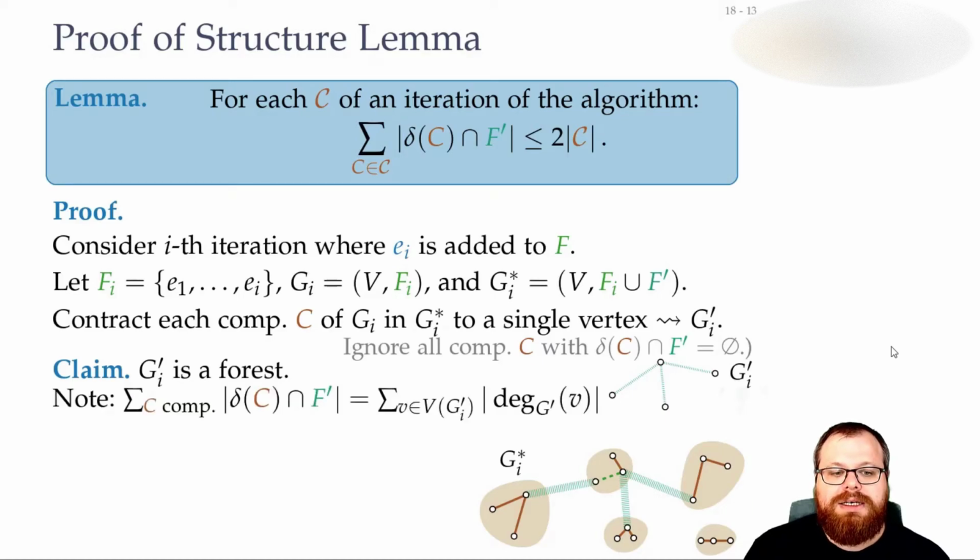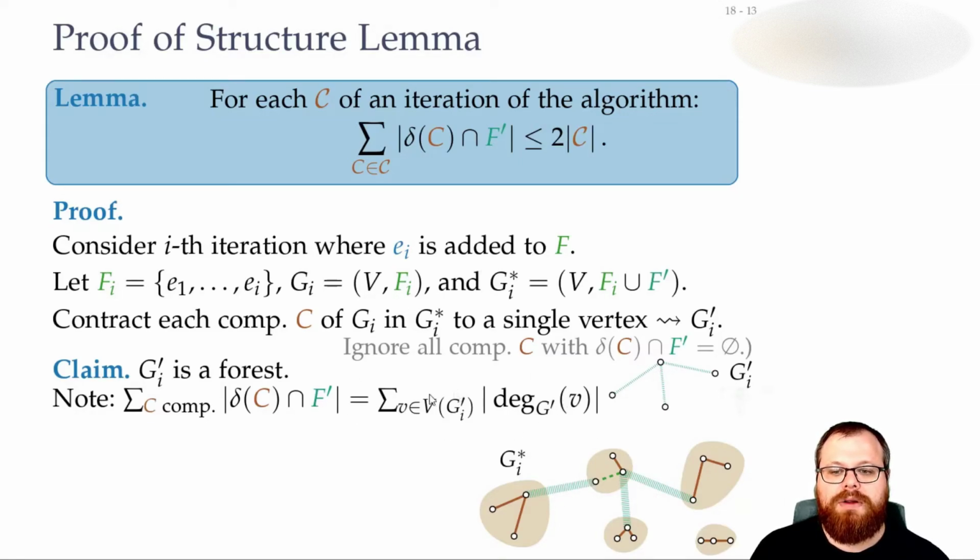So that means if we look at all the components we have in this graph and we count how many edges of f prime are at the boundary of those components, then that's exactly the sum of the degrees of the vertices in this graph. Because for all of these edges we have an edge here.